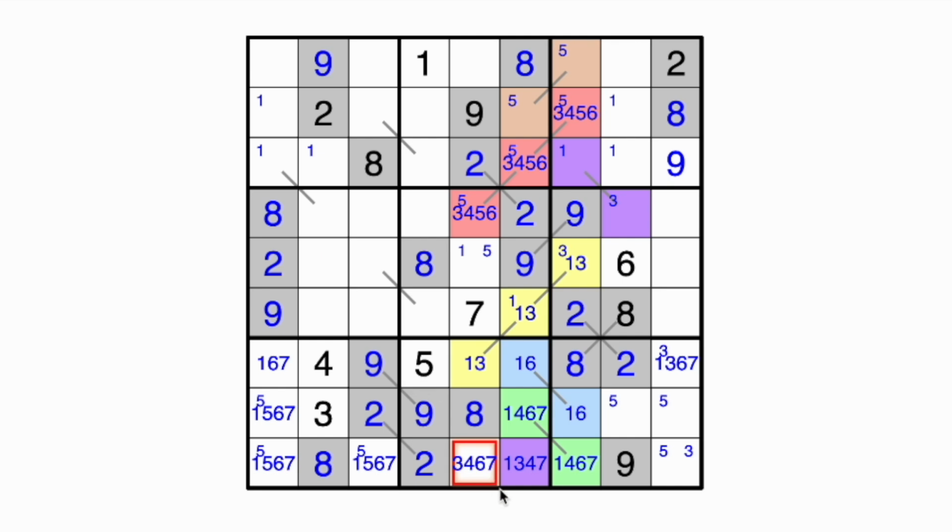Is there anything more they can't? Neither one can be. Don't see it. This can't be a 7 from that one. So actually, the 7s are right here. I didn't notice that. So let's do a pencil mark of the 7s there, and therefore 7s here.